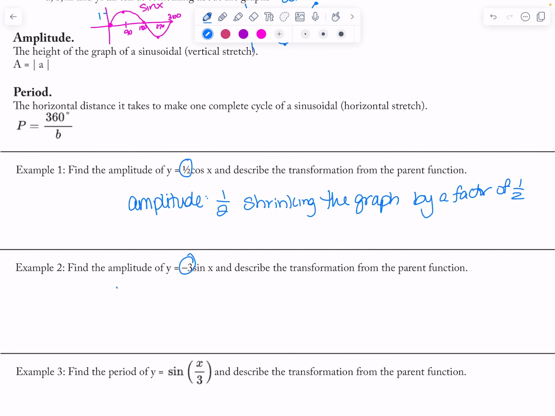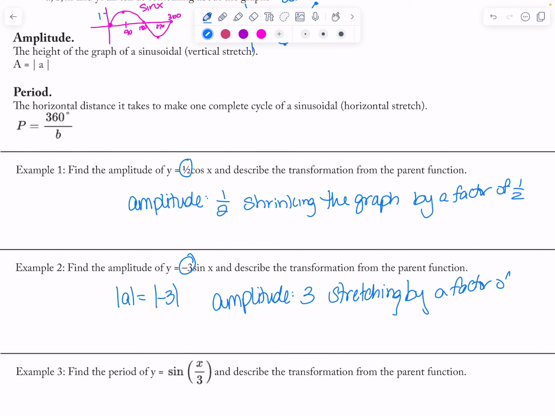Amplitude is absolute value of A, which is the absolute value of -3. So I am stretching it by a factor. So the amplitude is 3, and it's stretching by a factor of 3.